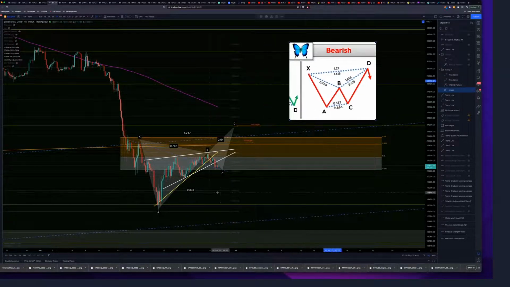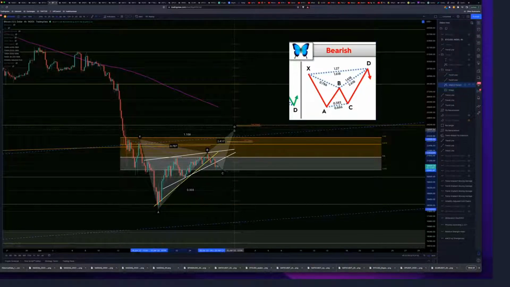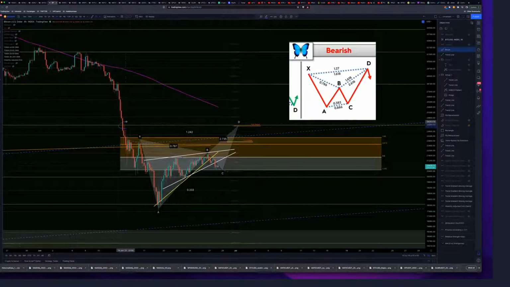So one scenario is that we do find support here, and then we get the bearish butterfly harmonic. One of them meets this target, which is pretty much a double top. You can see that. And the second target is up here, which makes sense as well. It's where we found resistance. So this harmonic is playing out at the moment.